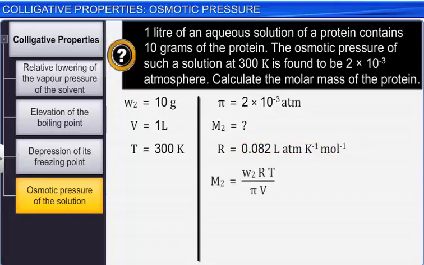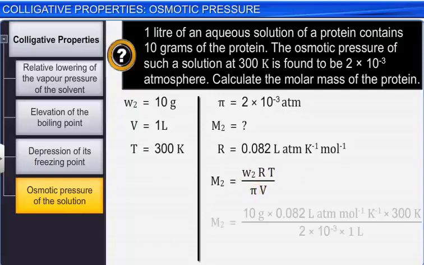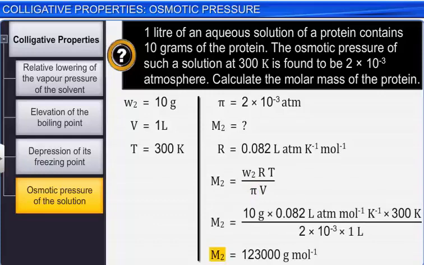Substituting these values in the equation, M2 = W2RT/(πV). And solving, we get M2 = 1,23,000 grams per mole. In other words, the molar mass of the protein is 1,23,000 grams per mole.